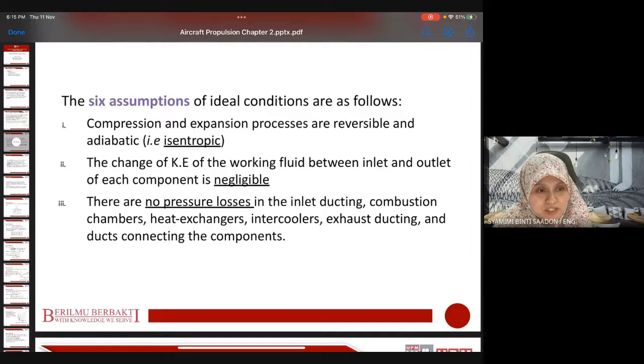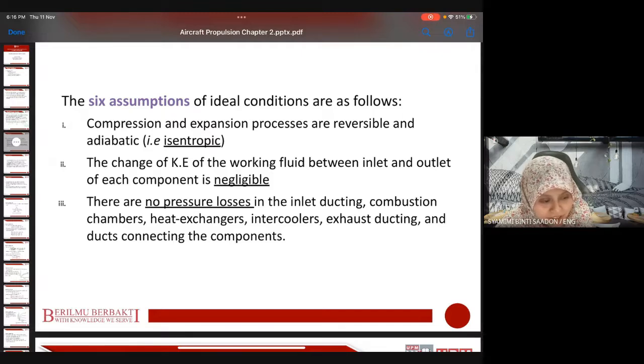We assume that the compression and expansion processes are reversible and adiabatic, which is also named isentropic. If you can recall, what I mentioned in the first week, these are some of the definitions in thermodynamics. I will repeat again.